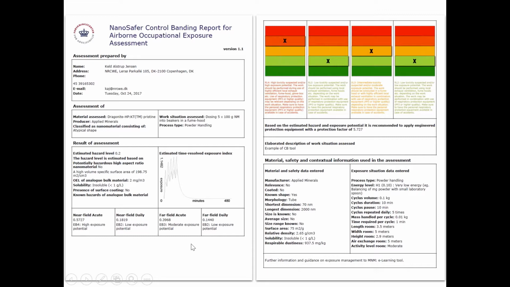So we see that we are close to 0.6 of the acute exposure limit in the near field, and a little less than 0.2 of the near field daily exposure limit in this case.